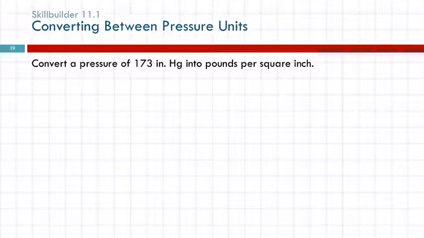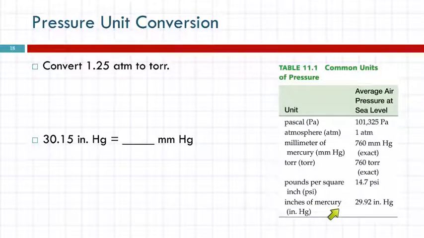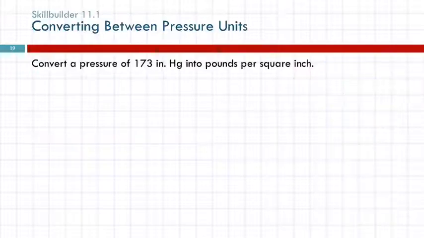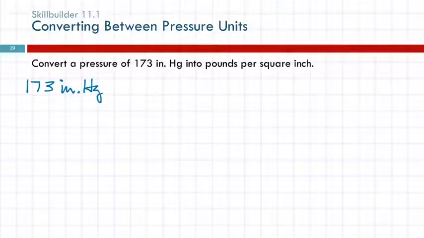Convert a pressure of 173 inches of mercury into pounds per square inch. When we look at this table, here's pounds per square inch, abbreviated PSI, 14.7. We're going to need that number. So we've got 173 inches of mercury, and we're trying to get to PSI.